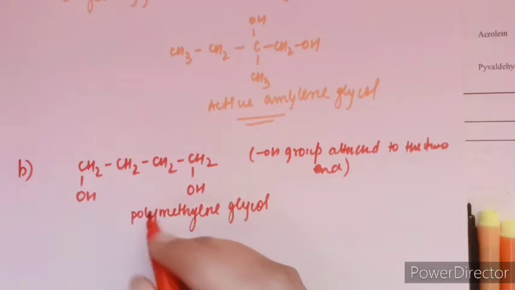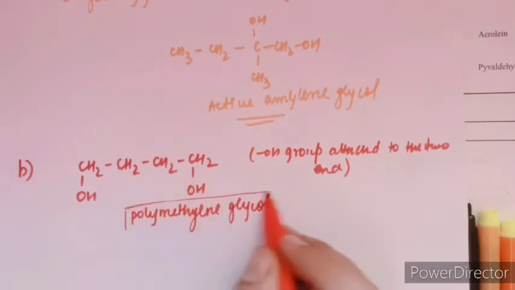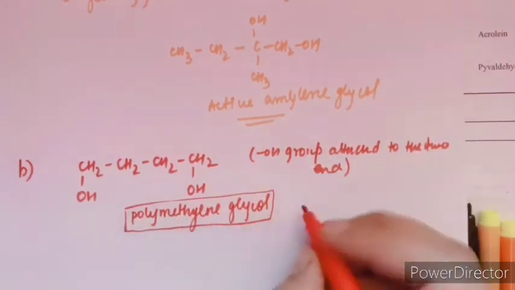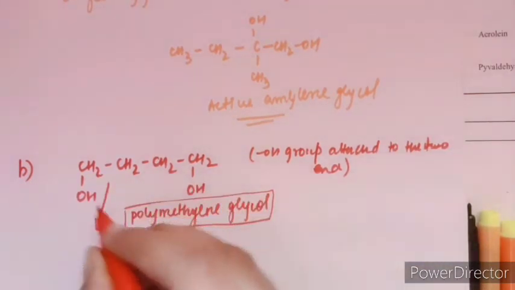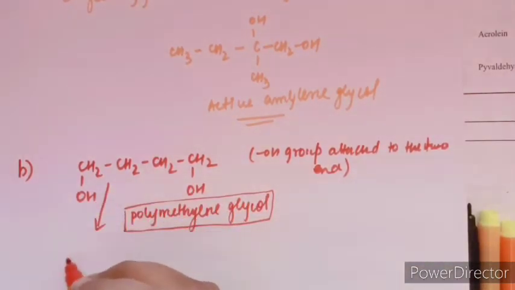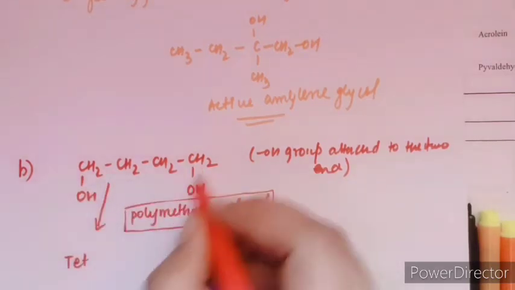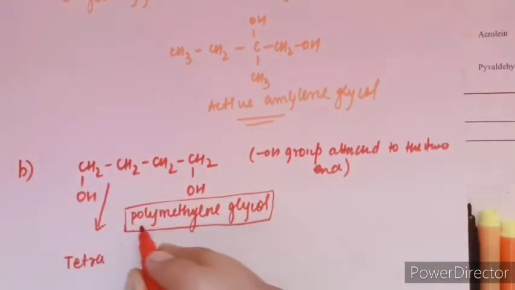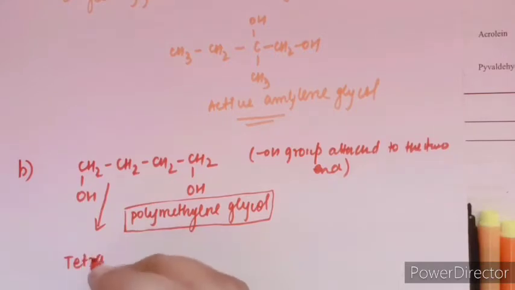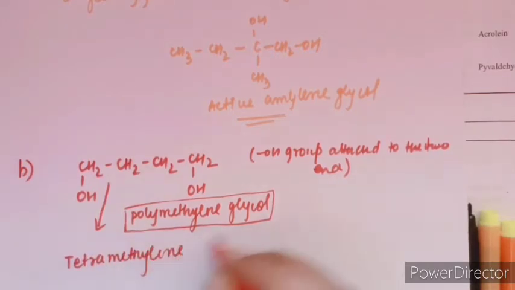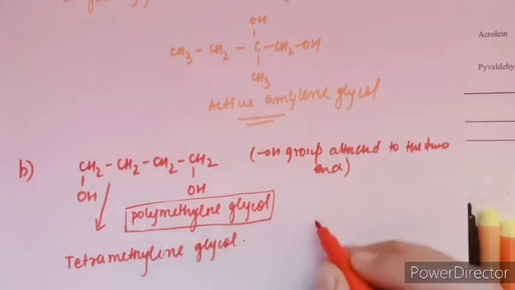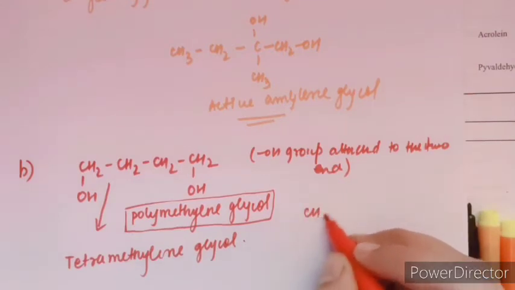The naming should be like this. So we can write the name of this compound as, there are 4 CH2 groups, meaning tetramethylene glycol. Now another example is CH2OH and CH2OH.